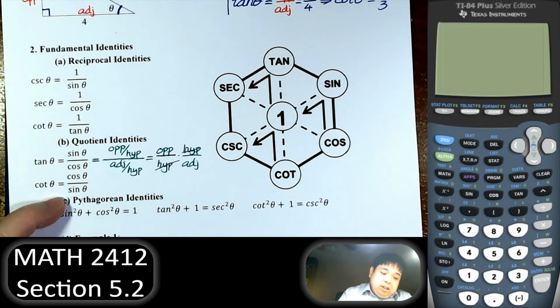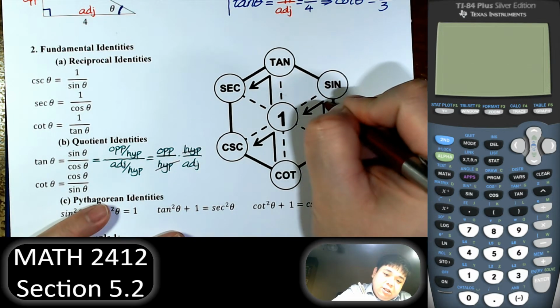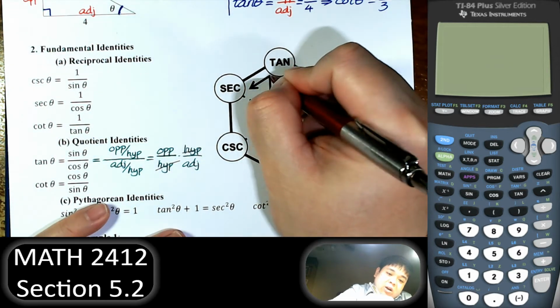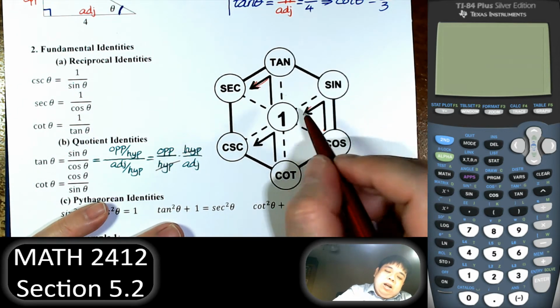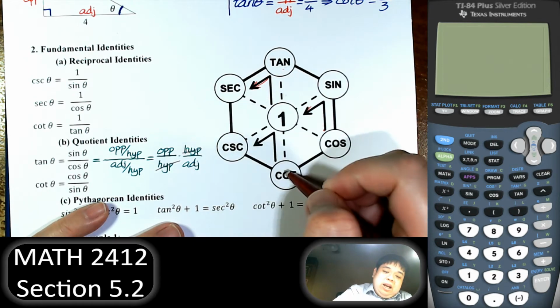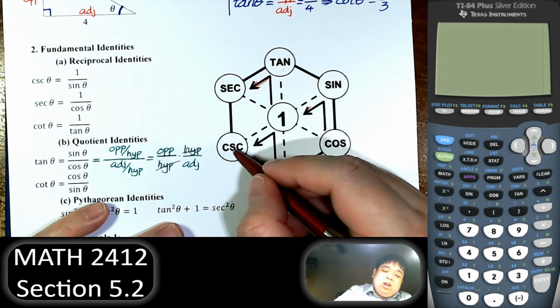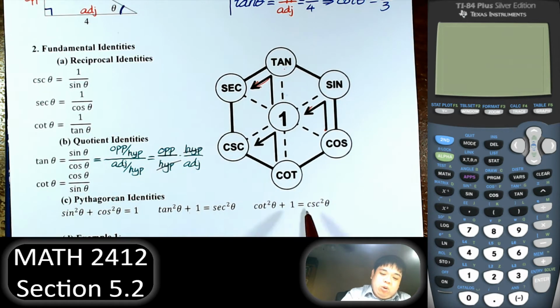And finally, the Pythagorean identities. We have that direction. So cosine squared plus sine squared equals 1. 1 squared plus tangent squared equals secant squared. And cotangent squared plus 1 squared equals cosecant squared. Of course, 1 squared is equal to 1, so we just need to write 1.